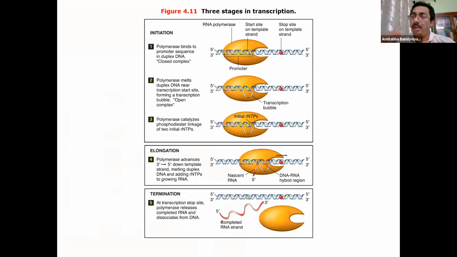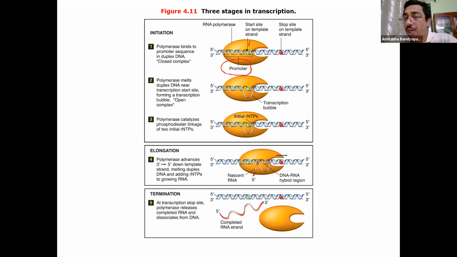Now, to understand how transcription factors work, which is the ultimate objective of this chapter, it's a long discussion that we will have. Let us first understand how transcription happens. So there is this DNA element called promoter, which is a fixed distance away from the transcription start site, that is shown here.